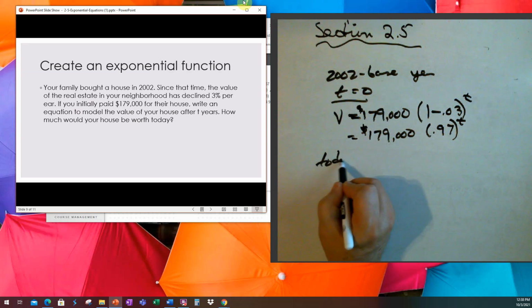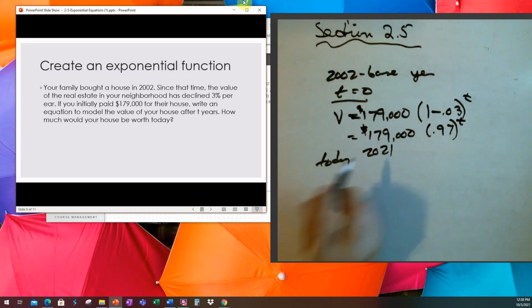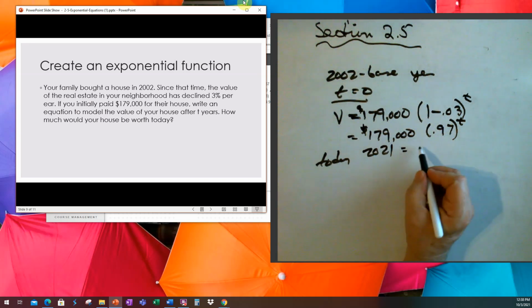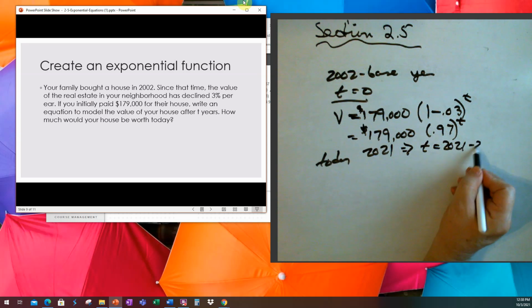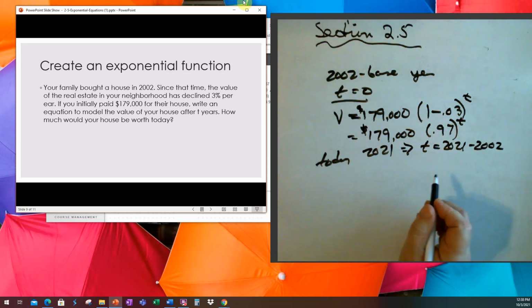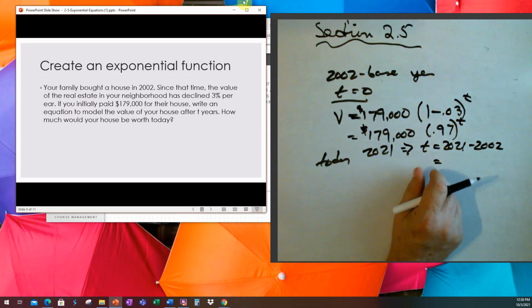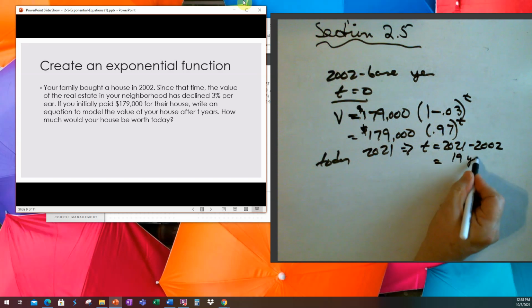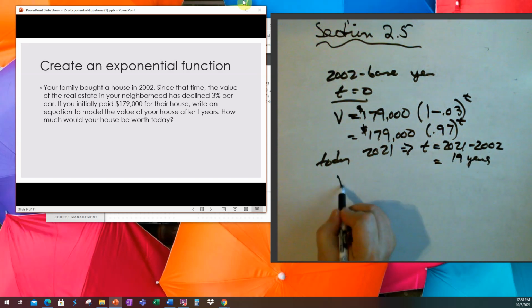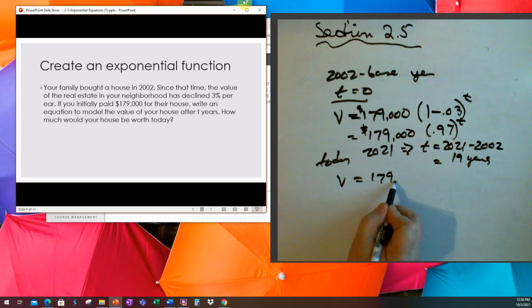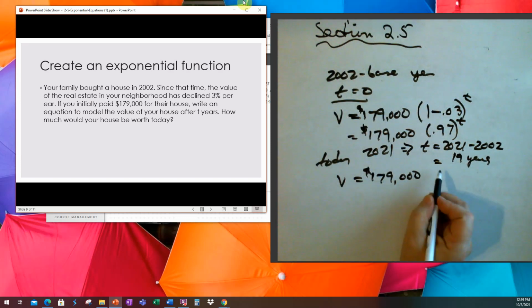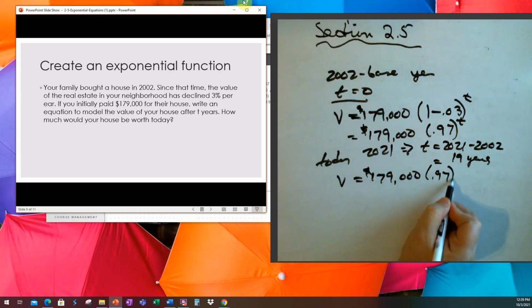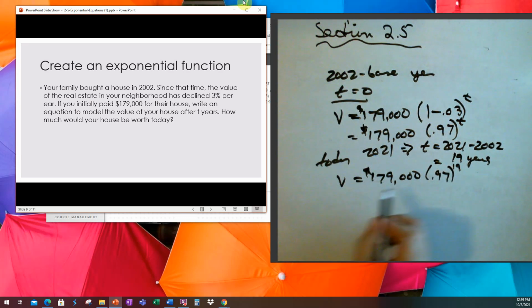How much would your house be worth today? Today is 2021. So T is equal to 2021 minus 2002, which is 19 years. So the value would be $179,000 times 0.97 to the 19th.